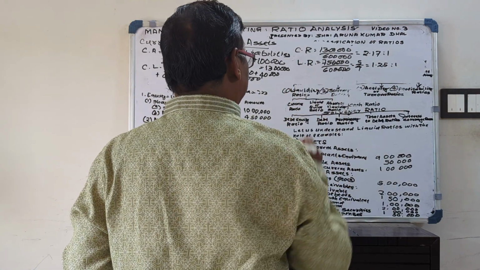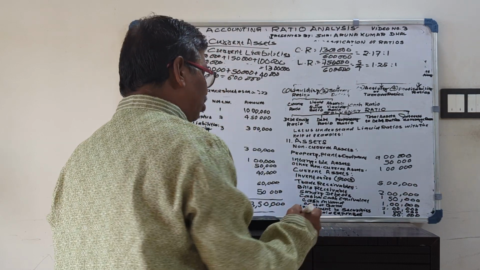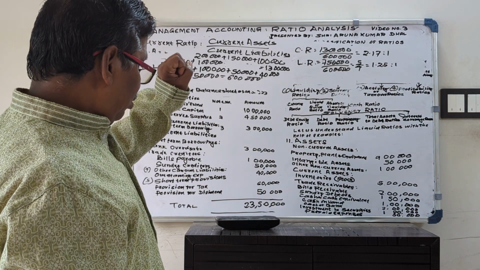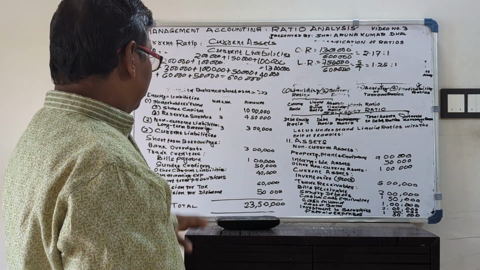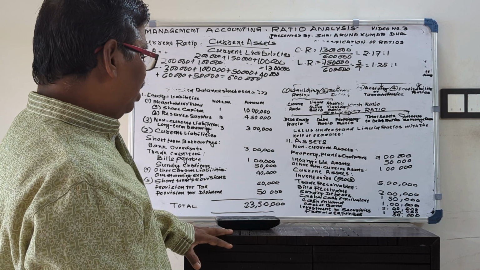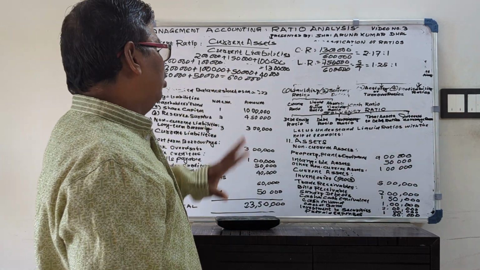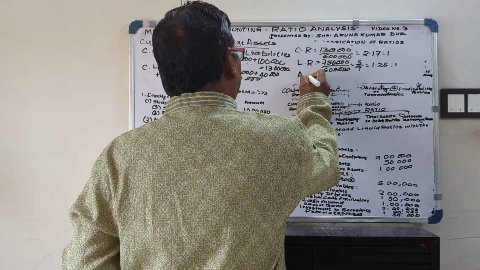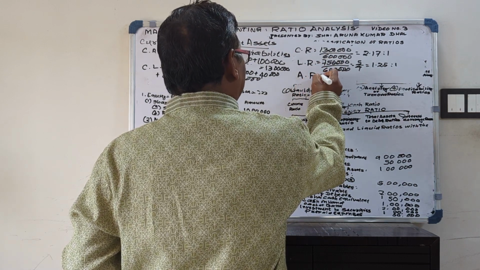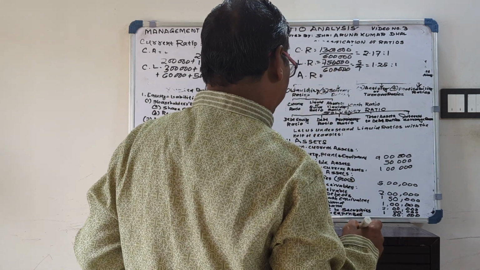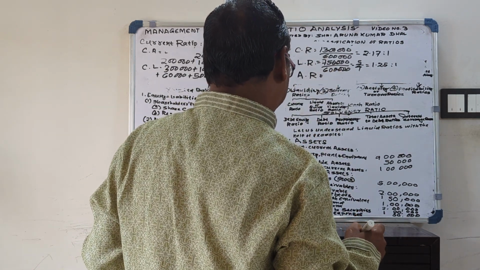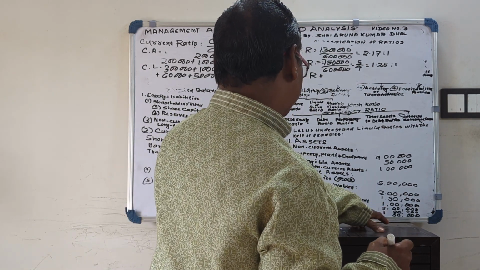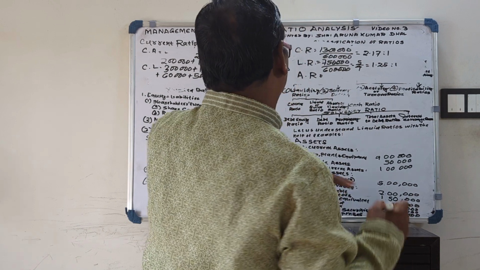Another is the absolute liquid ratio. We calculate this ratio to know whether the business or the company is in a position to convert immediately into cash. In this ratio, we take absolute assets. Absolute assets are cash in hand, cash at bank, and short-term investment in securities. Here it is cash in hand 1 lakh, cash at bank 2 lakh, so 3 lakh, then investment in securities 1 lakh, so 4 lakh.